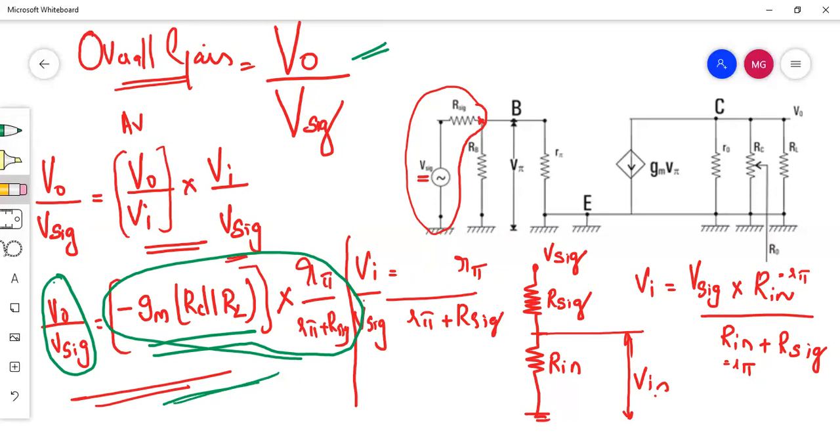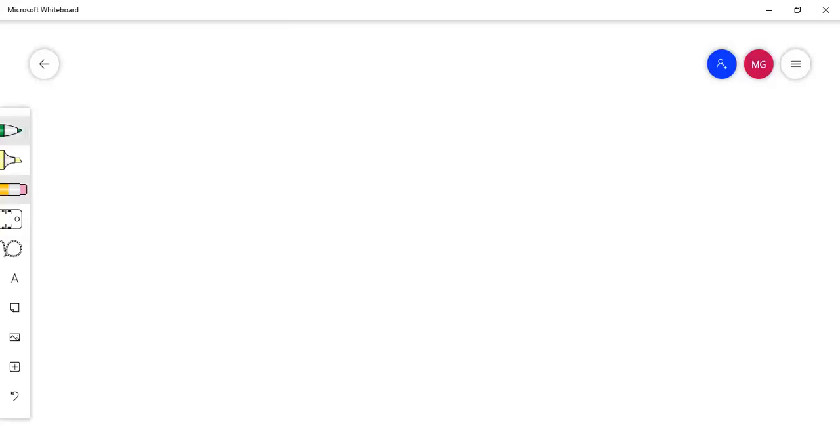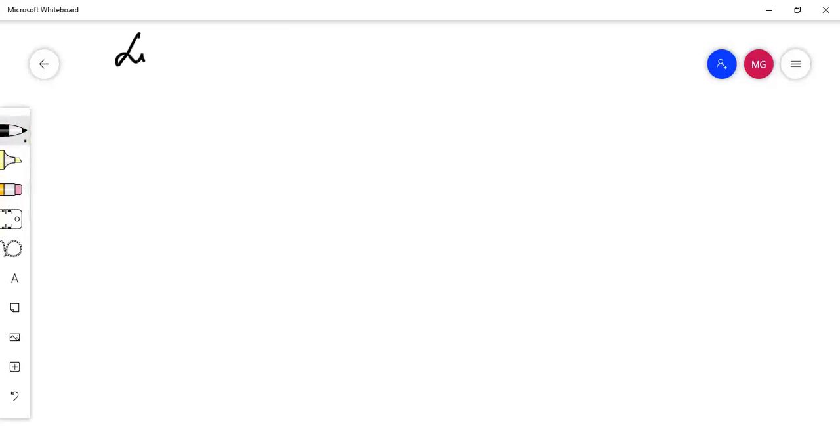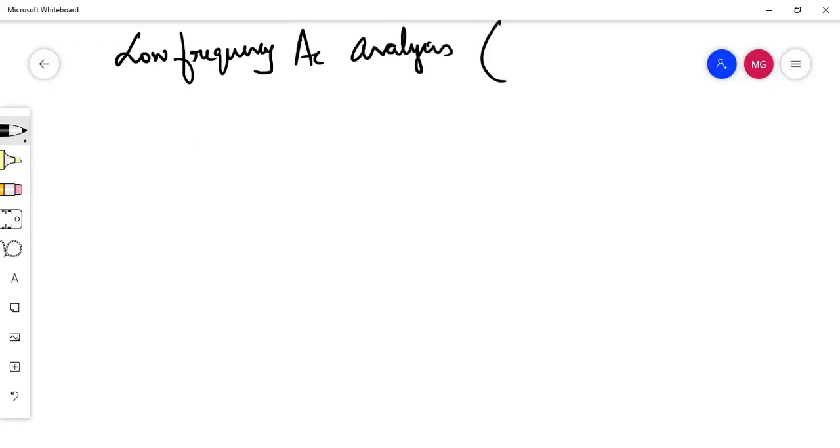So let me conclude the section. We discussed the low frequency AC analysis with CE, the emitter bypass capacitor.